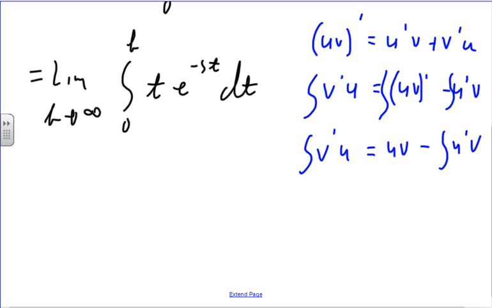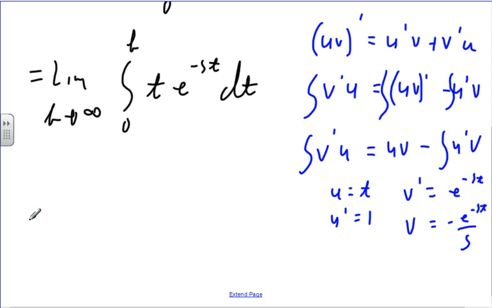Okay? So now the issue is, what is u and what is v? So u is going to be t, and u prime is going to be 1, and that makes v prime equal to e to the minus st, and v is going to be minus e to the minus st over s, right?